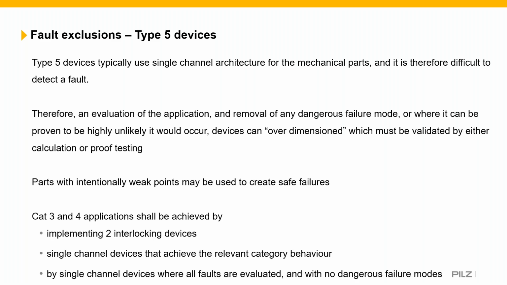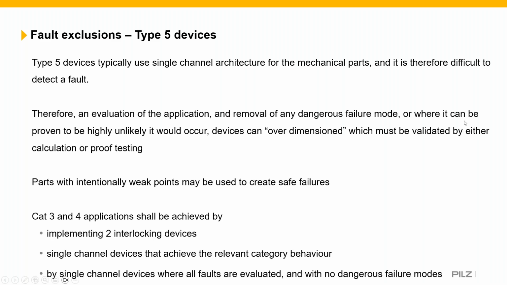Then we can basically over-dimension things, so put heavier duty devices on there. But if we do that, again, this must be validated by either calculations or proof testing. You can design devices that have parts with intentionally weak points that would create a safe failure point. And there are devices on the market from Pilz and others that will allow you to do that.